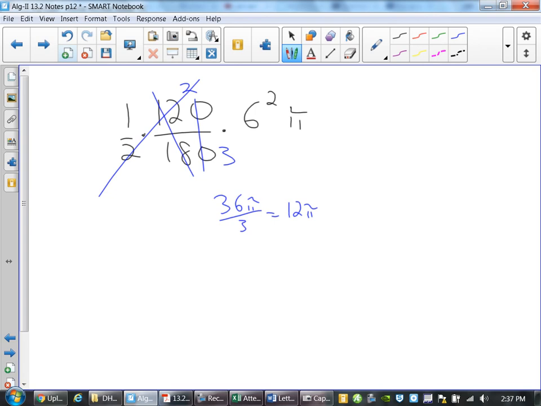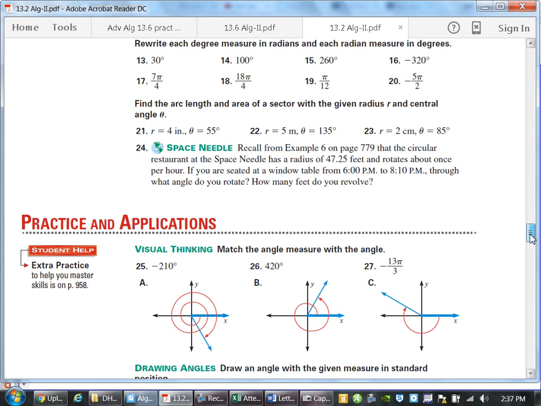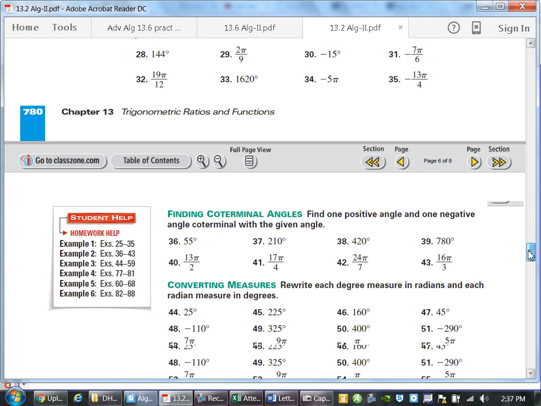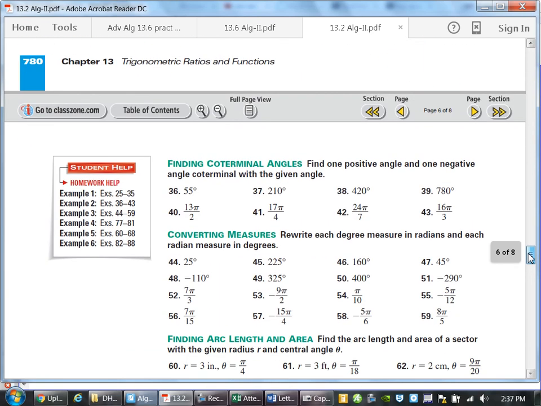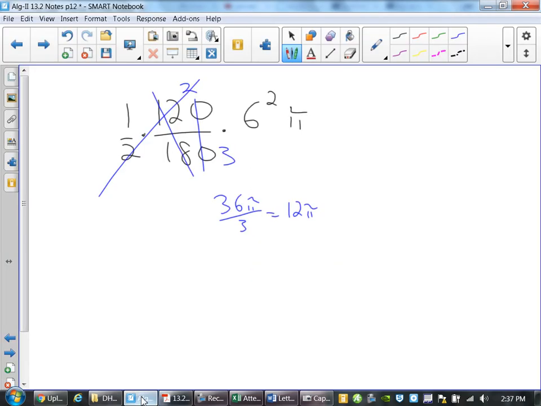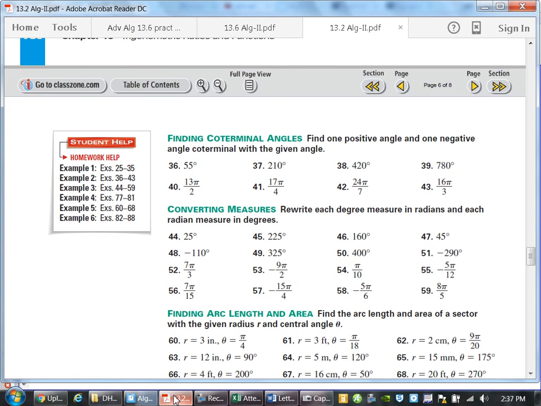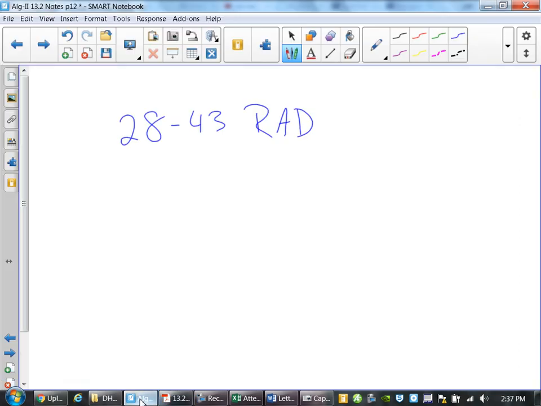Okay. All right. So same stuff you guys were working on yesterday. It's 28 through 51. Well, 51 had all the degree ones, so go 28 to 43 radians. And then it'll be 52 through 65.